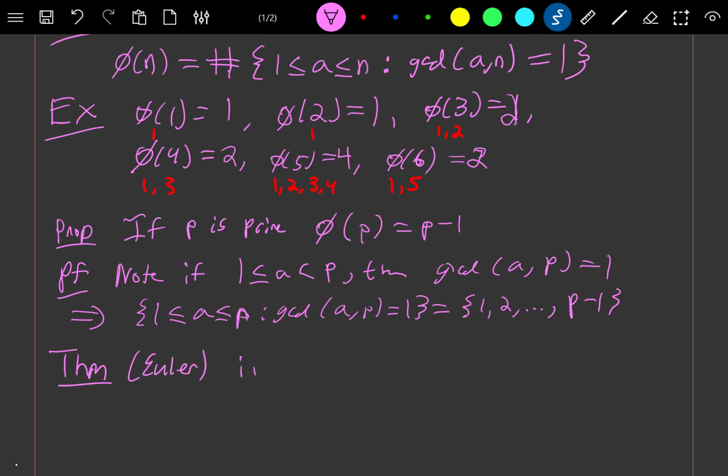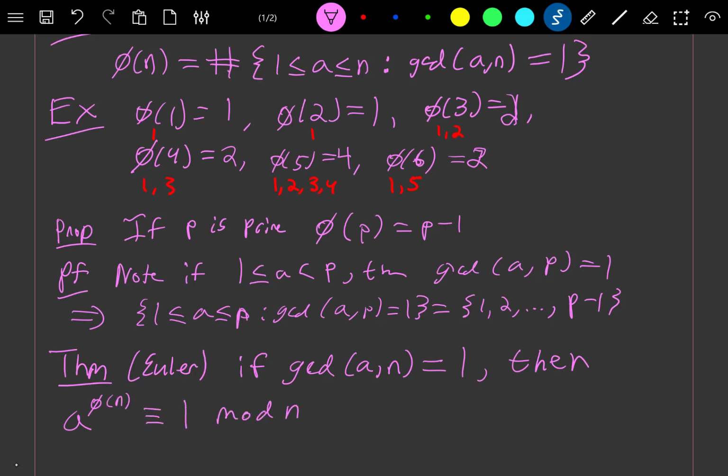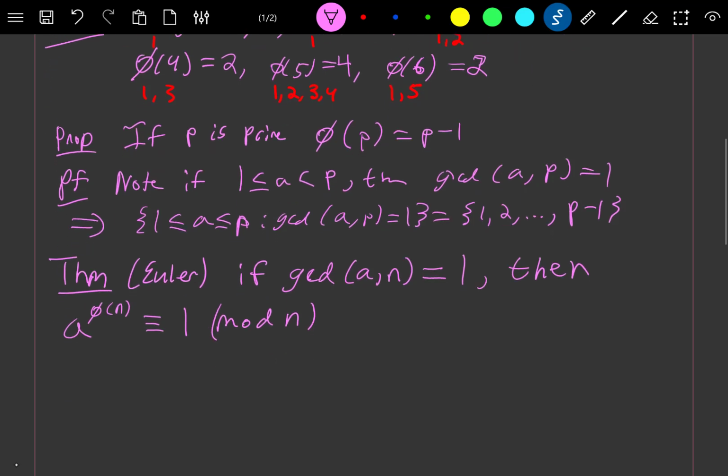This says if the GCD of A and N is equal to 1, then A raised to the phi of N is equivalent to 1 modulo N. Maybe we'll note Euler's theorem implies Fermat's little theorem.